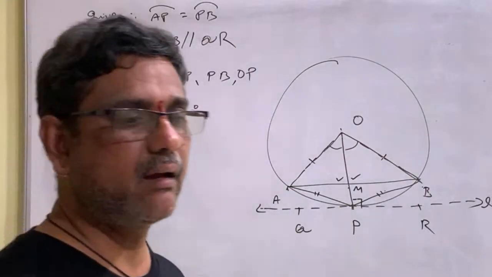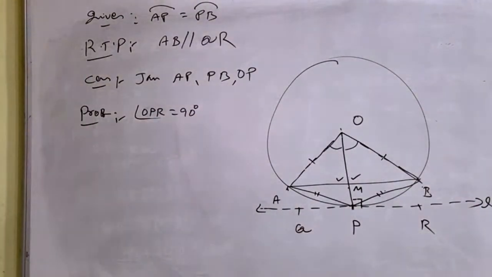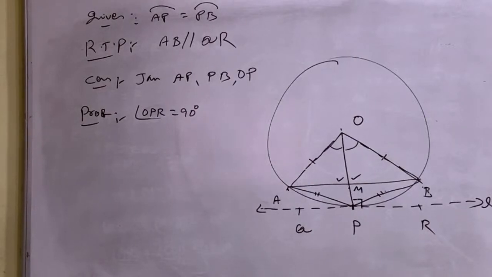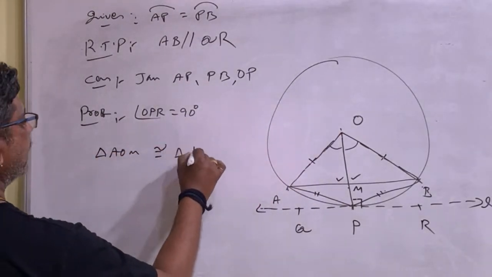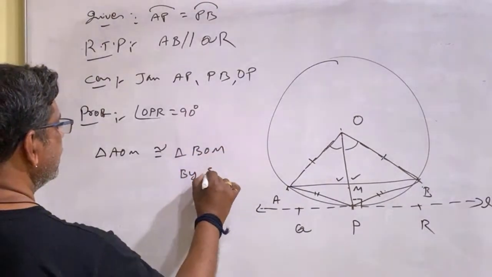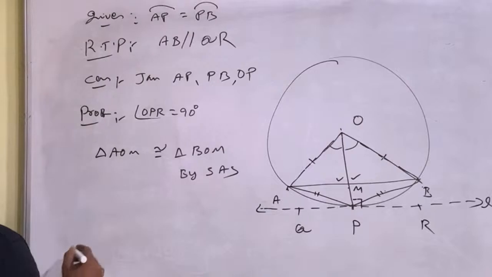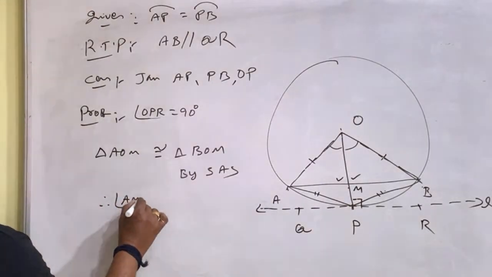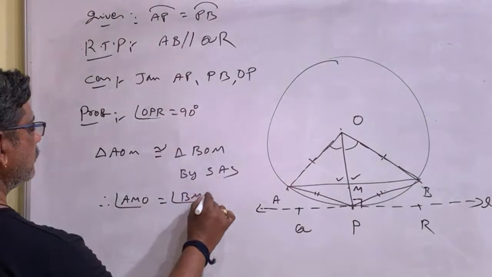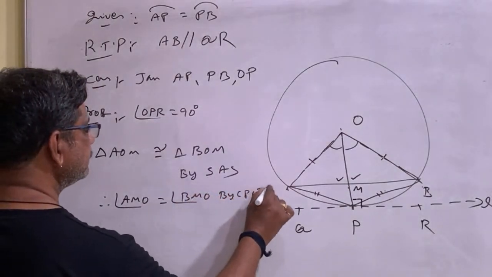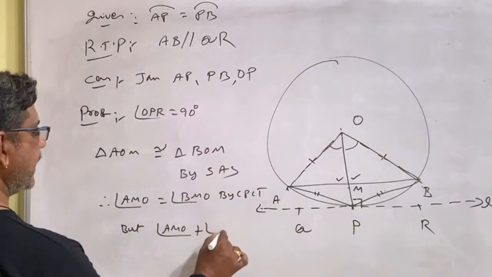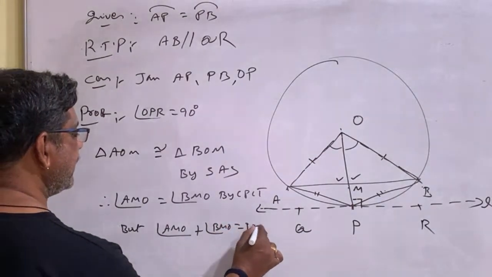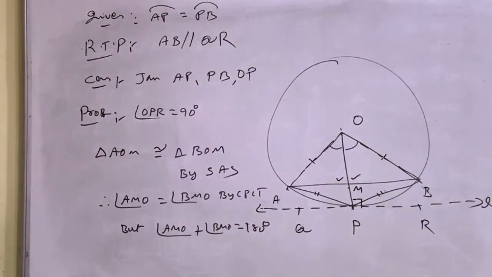They form linear pair of angles. Is that right? So each angle is 90. Angle AMO is equal to angle BMO by CPCT, but angle AMO plus angle BMO is 180.